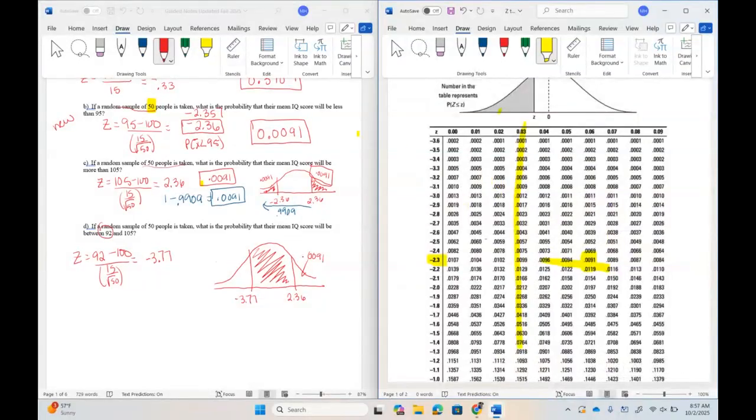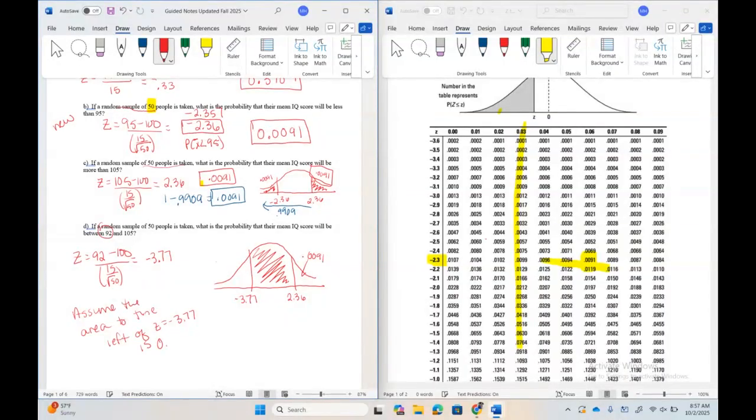So when that happens, I'm going to assume the area to the left of this negative Z-score is 0. That means it's so far away from the mean that my picture here is not realistic. It's more like this, all the way over here.